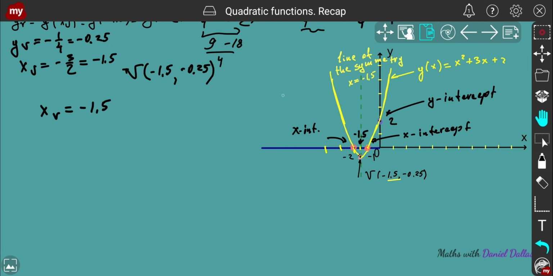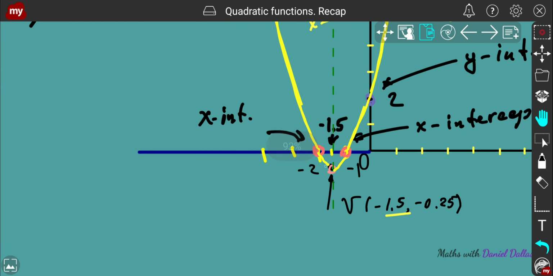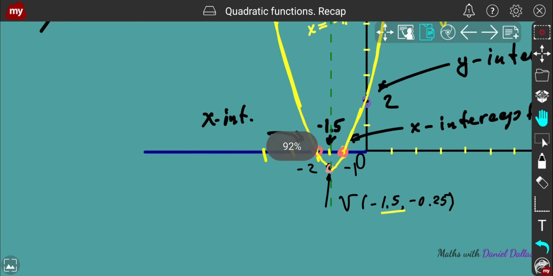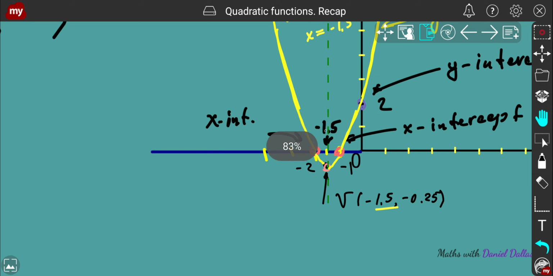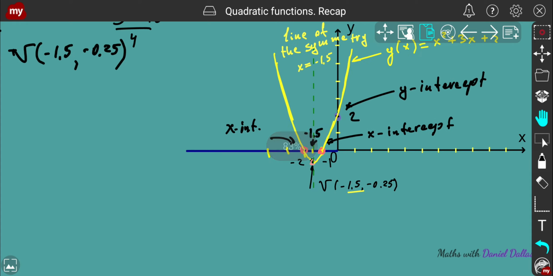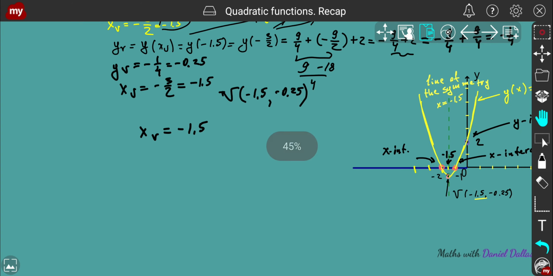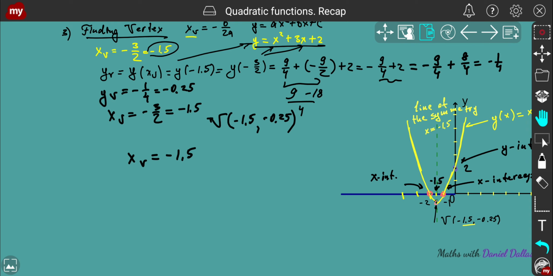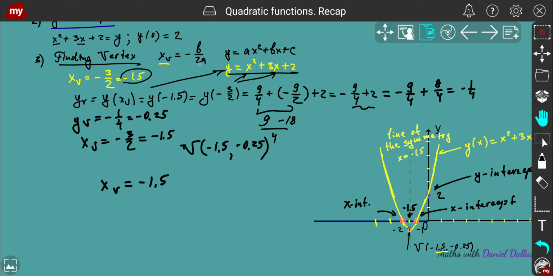So on the graph you can also observe those values, negative 1 here and negative 2. So your negative 1.5 as the x-vertex value is exactly the middle point of this segment from negative 1 to negative 2. So that's why you can use a shortcut, if you forget the formula minus b over 2a that we actually used here.